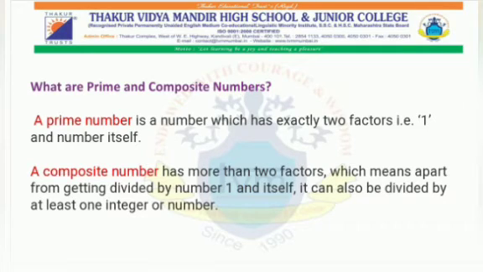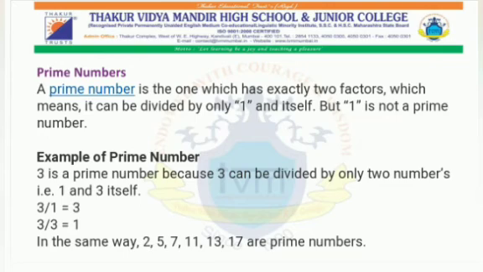So let us understand both prime and composite numbers with the help of examples. A prime number is one which has exactly two factors, which means we can divide only by 1 and itself, but 1 is not a prime number.